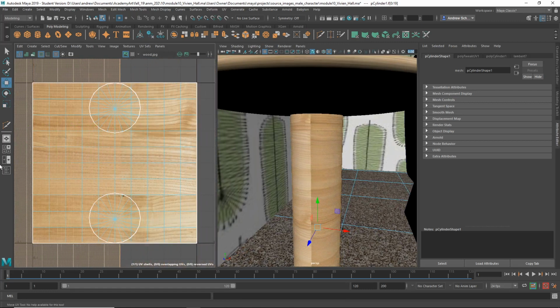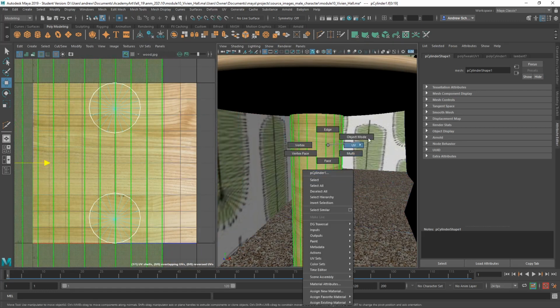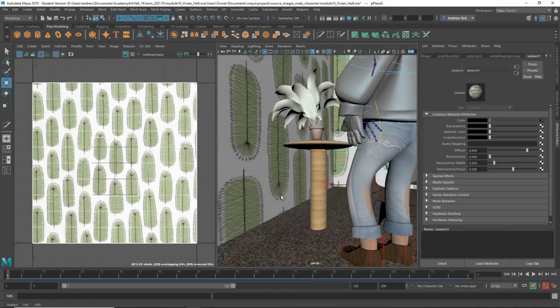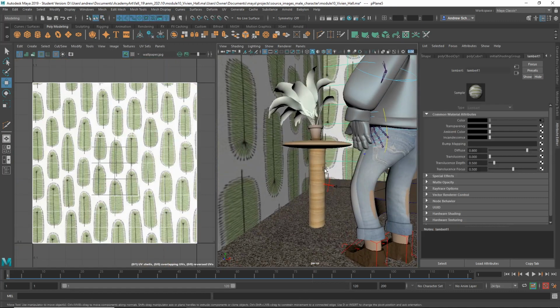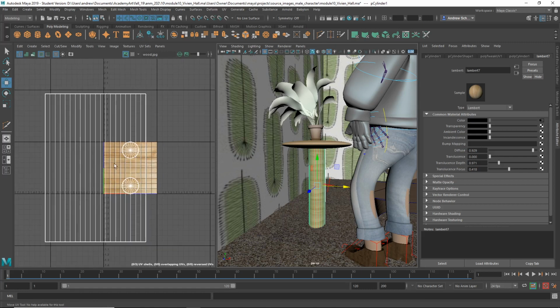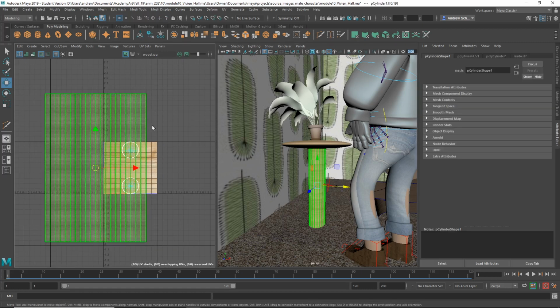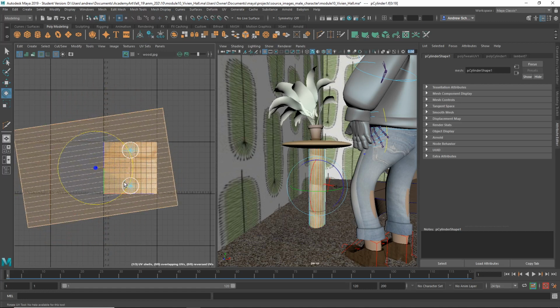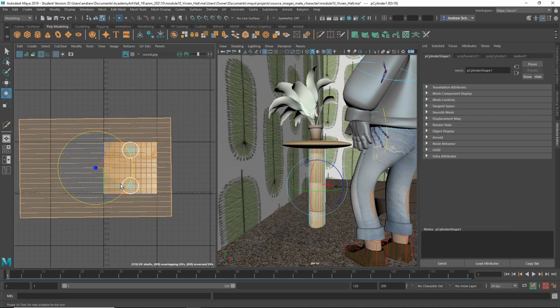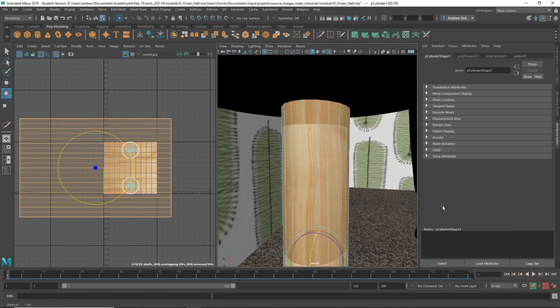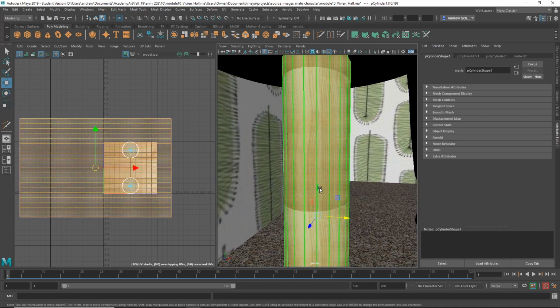You can move the seam around to a less obvious spot. It's a little better, I guess. You could try turning it. If you go outside of the area, well, then you've got the seams going that way.